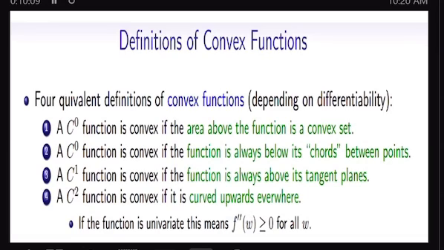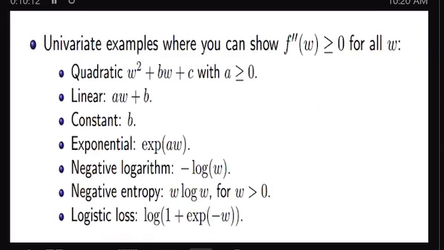Now I'm going to quickly show you some examples. If you are working with a function for optimization and you want to investigate convexity, you can use what I call a second order condition. If you take a look at all of these functions, I can investigate that the second derivative will be greater than or equal to 0 for all w in all of these: quadratic, linear, constant, exponential, negative logarithm, negative entropy, and logistic loss.